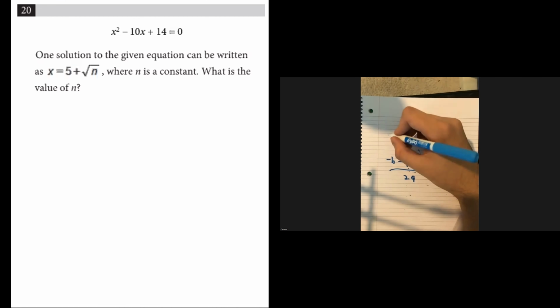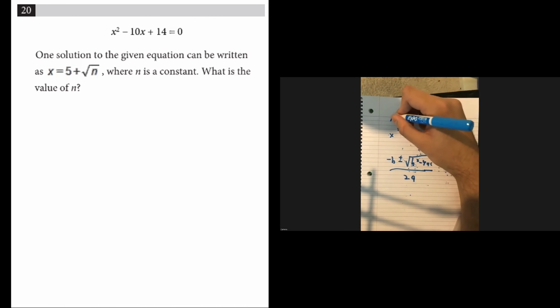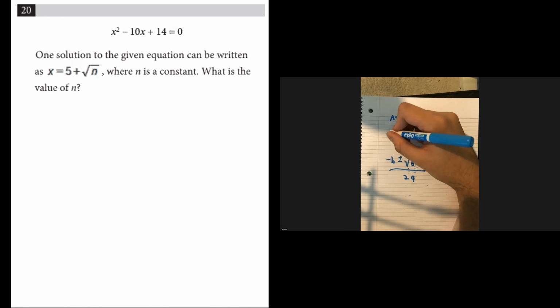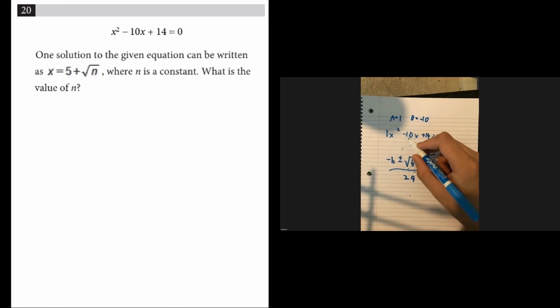And so in the original equation, we have x squared minus 10x plus 14 equals 0. A equals 1, because that's a 1x squared essentially. B is negative 10, because that's the term for this. And C is 14.